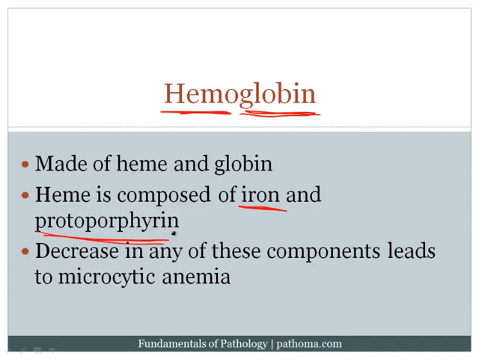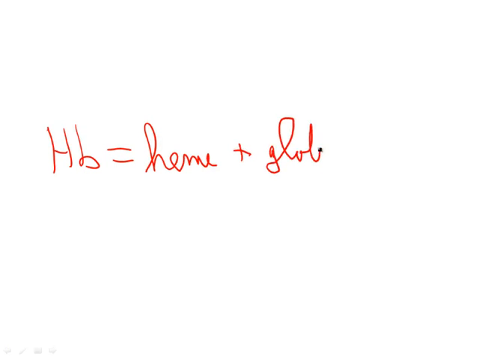And so if I were to create just a simple understanding in your mind by doing the following, I've told you that hemoglobin equals heme plus globin. All right, and you know that heme is essentially composed of iron plus protoporphyrin. I'm just going to say proto here, P-R-O-T-O.